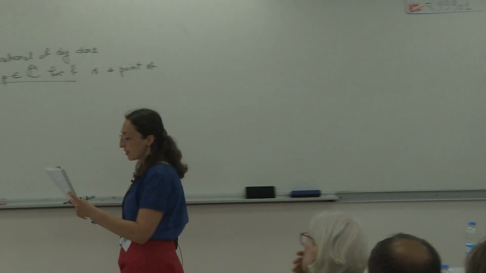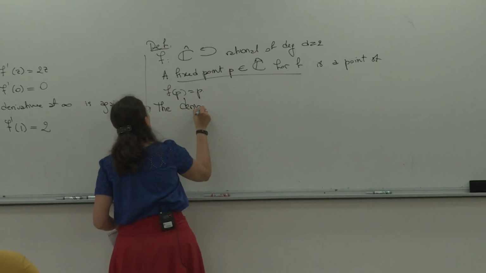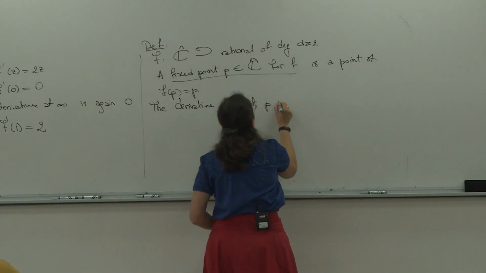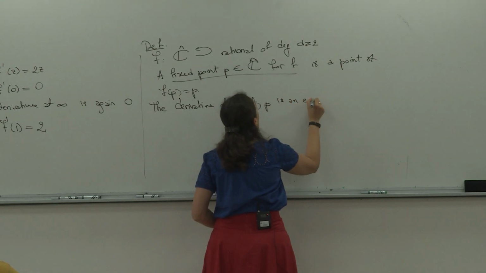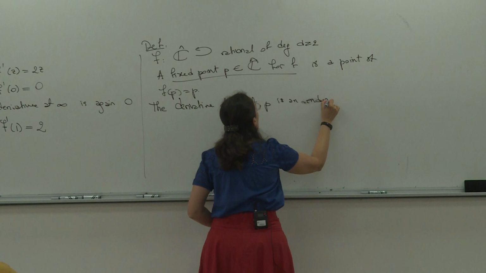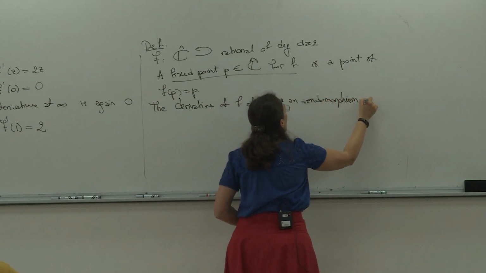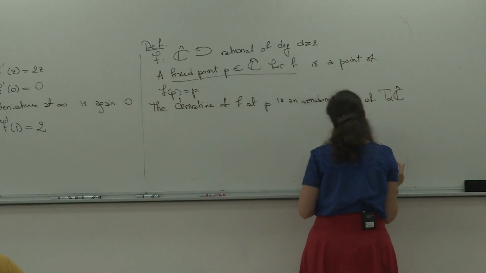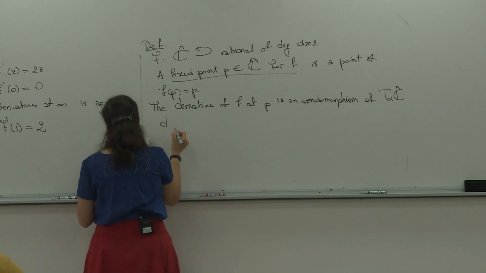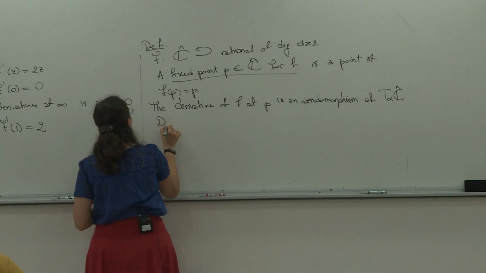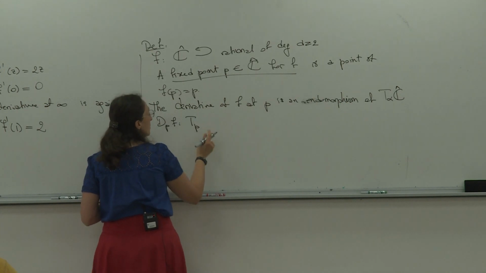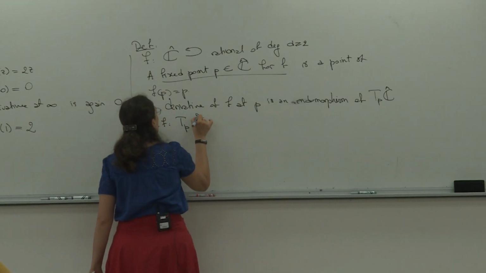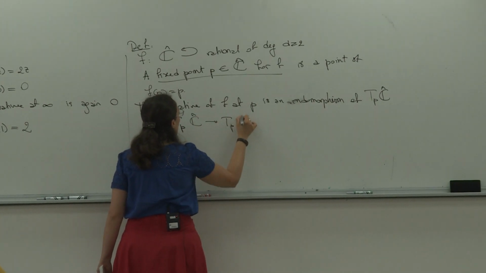So the derivative of f at p is an endomorphism of the tangent line, d_p f from T_p C hat to T_p C hat, because my fixed point is p.